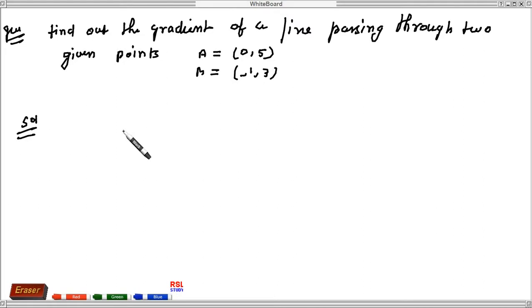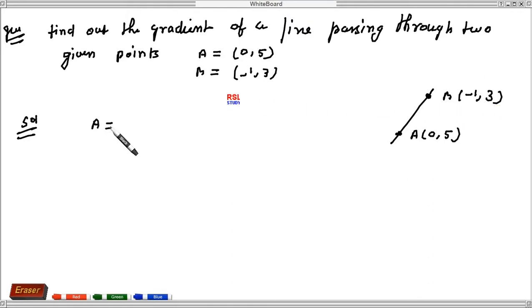We know that the general equation of a line passing through 2 points is given by y minus y1 equal to y2 minus y1 by x2 minus x1 into x minus x1. That is the general formula used for a line passing through 2 points. Suppose this is a line whose one point is A 0,5, which is given, and this is a point B, that is minus 1,3.